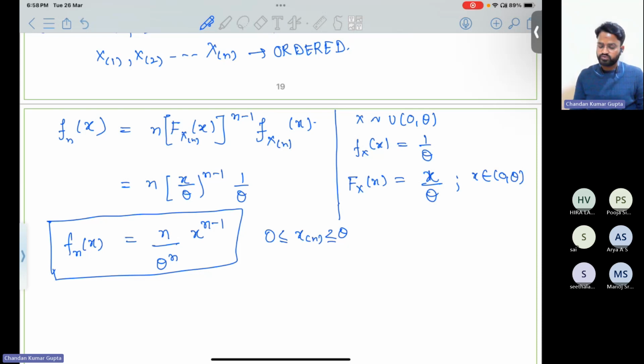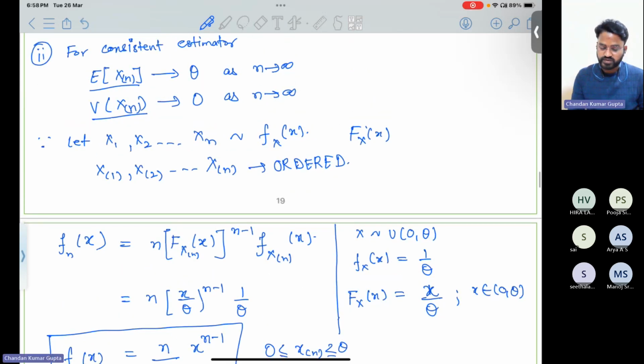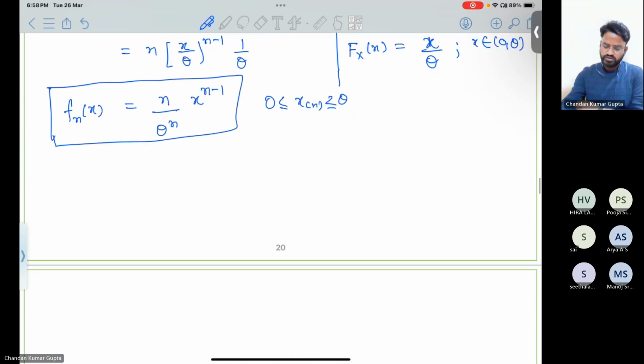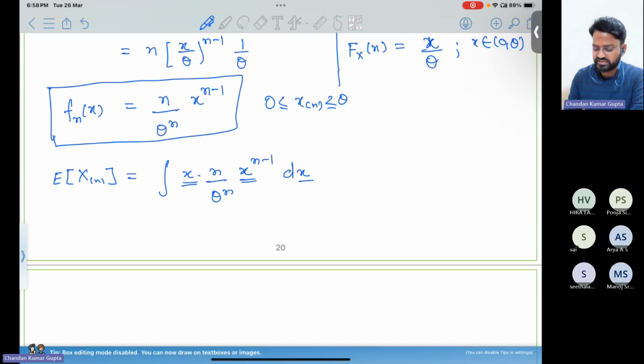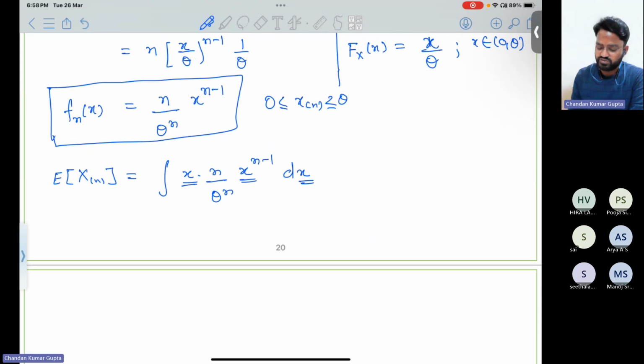Now our next aim is to calculate the expected value of Xn and the variance of Xn. So the expected value of Xn will be the integral of x times the PDF dx. Here we write Xn, these are just a sample which represent the maximum value of Xi, so we may use x, not Xi or Xn.